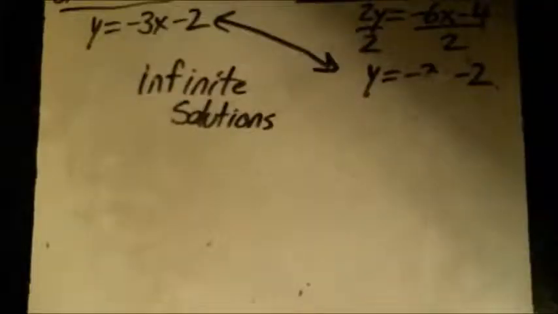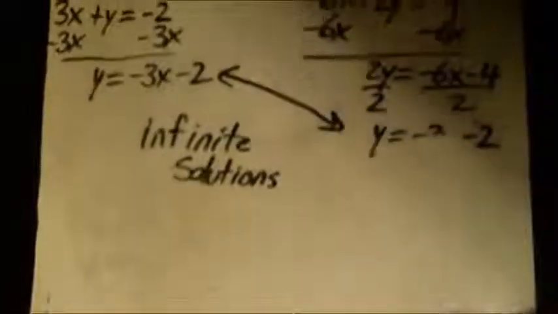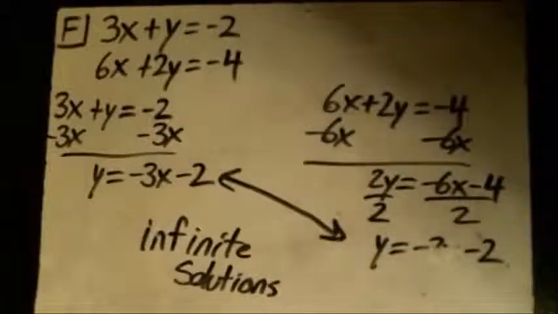And if I were to graph the other line on this program, it's going to do something weird, and it puts the two lines not on top of each other. But if you were actually graphing it, they would be on top of each other. So that means you have infinite solutions. So once again, our answer for F, because the lines are exactly the same, would be infinite solutions.